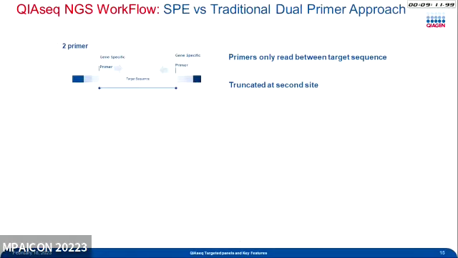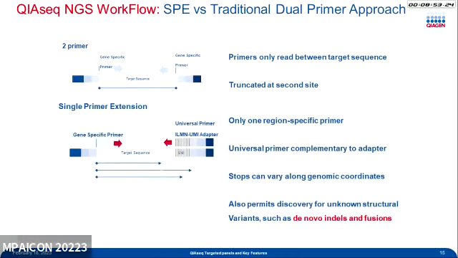Coming to the SPE technology, single primer extension: in the older fashion, we have forward and reverse primers to amplify the target regions. This only reads between the targeted sequence and it is truncated at one side, right? How it differs in our scenario is that with single primer extension, we are dependent only upon a single primer that works as a reverse primer, while the forward primer is a universal primer here.